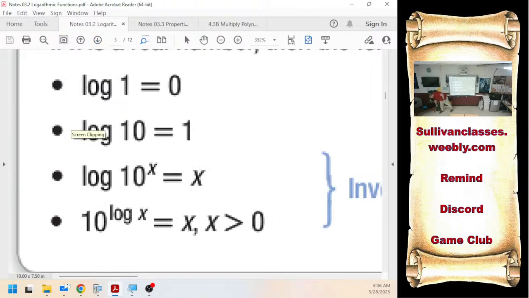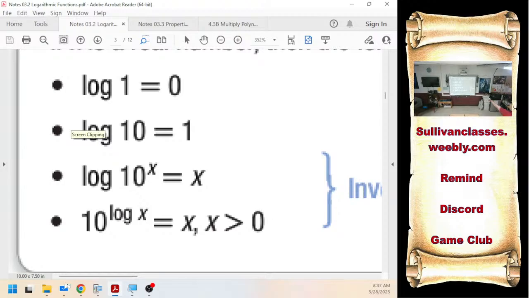Okay? This is called the common log. That's why you all have that button on your calculator. Common log is log base 10 because our number system, most of what we work with, is base 10. It's base 10 because most of us, unless you're from Alabama, have 10 fingers.